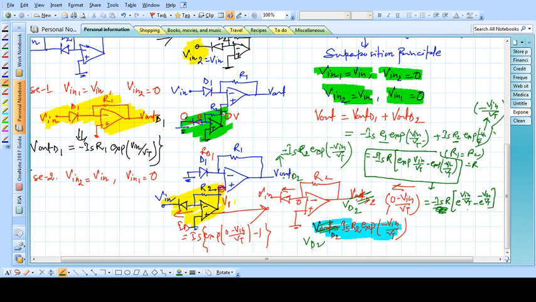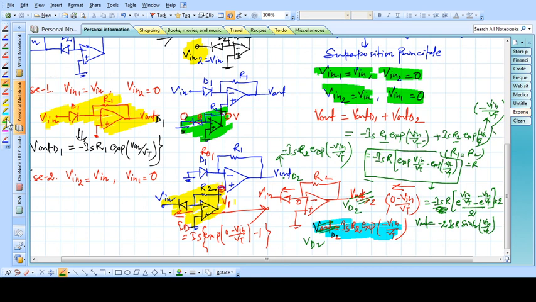Now this one is nothing but simply, for the exponential function, e to the power x minus e to the power minus x by 2, if I am dividing by 2 and multiplying with 2, this term is nothing but simply your sine hyperbolic. So we can write this as minus twice IS R sinh of V in by Vt.